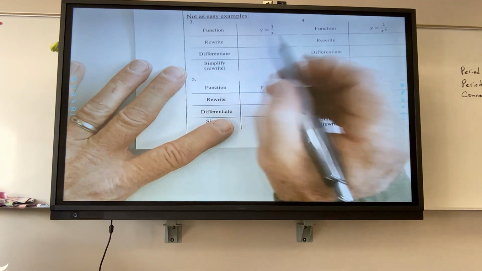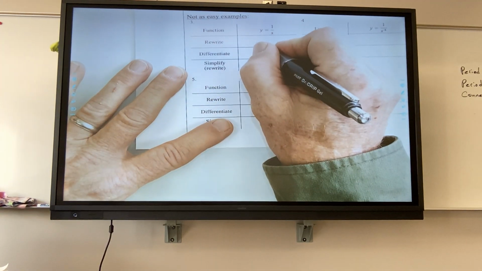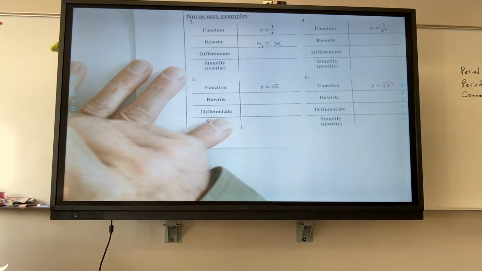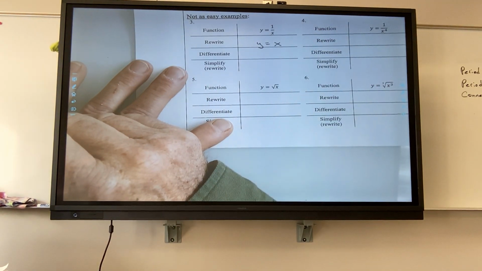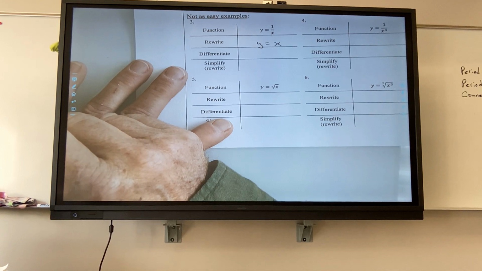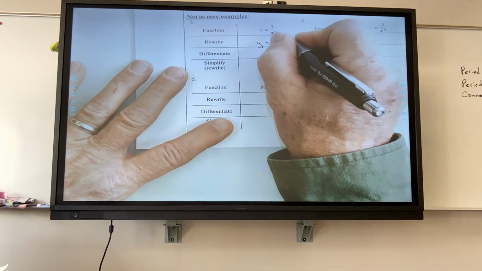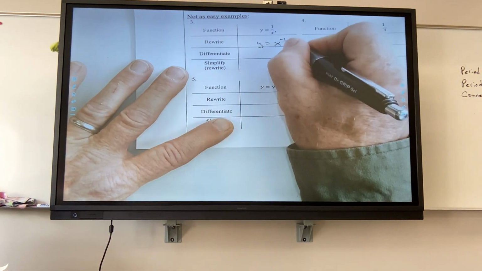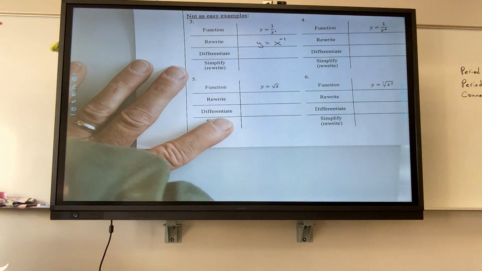Let's rewrite this as y equals x to a power. It'd be a 1 right here. It's not a 1/2 because it's a -1. You only get the 1/2 if the square root is in the denominator.